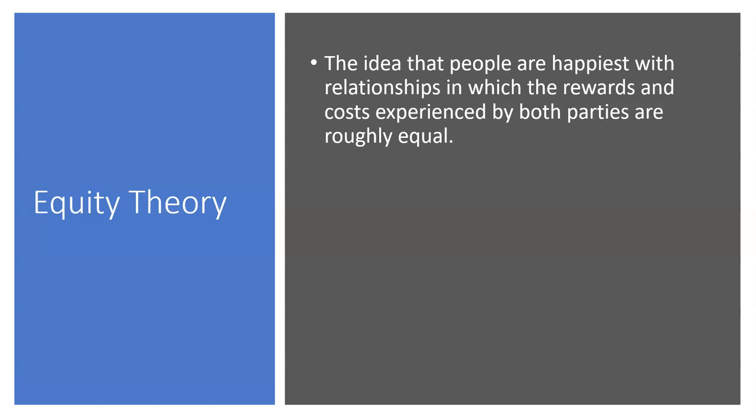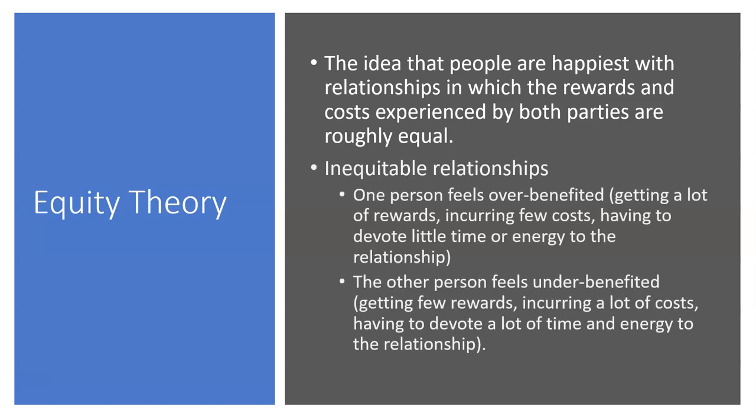So, if you're getting all the costs and your partner's getting all the rewards, that's an inequitable arrangement. If you're getting all the benefits and your partner's getting all the costs, also inequitable. If you're getting some benefits and costs, your partner's getting some benefits and costs, and the math is roughly equal, then it's perceived as equitable.